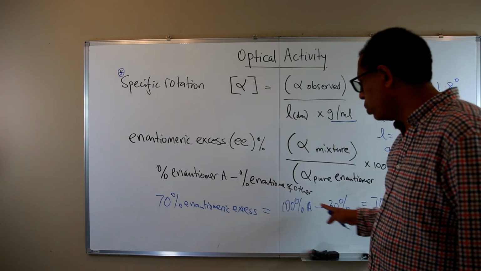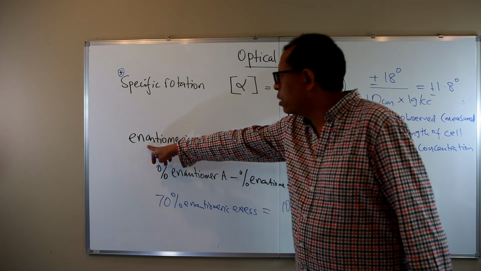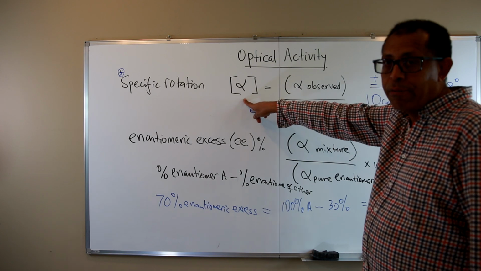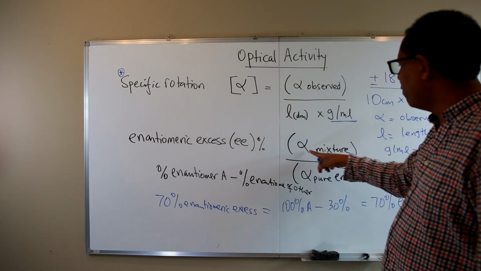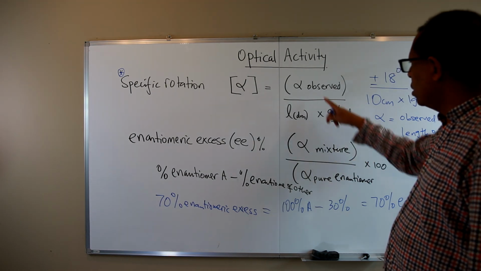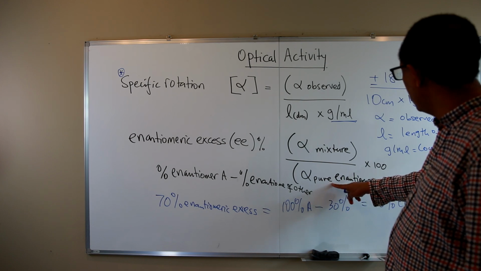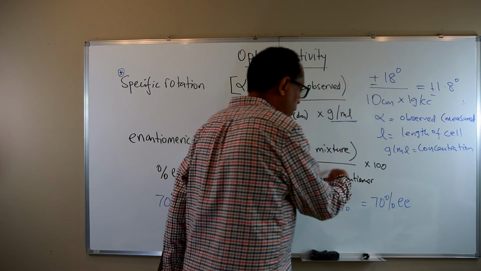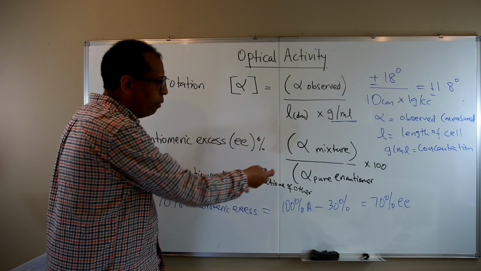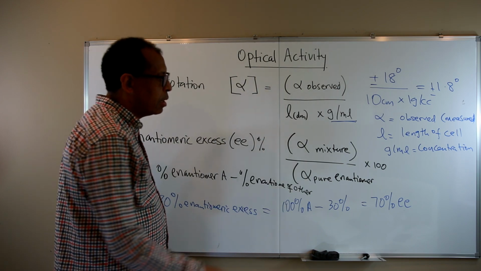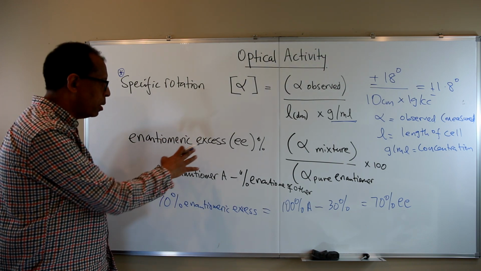So we can also just use a percentage, or the other way of determining enantiomeric excess is using the alpha value. For example, you could measure the alpha of the mixture, and if you divide it by the alpha of the pure enantiomer, times 100, that would also give you a percentage of the enantiomeric excess.